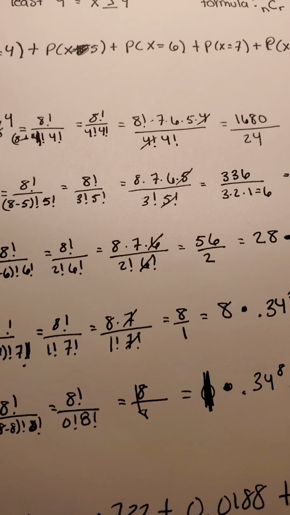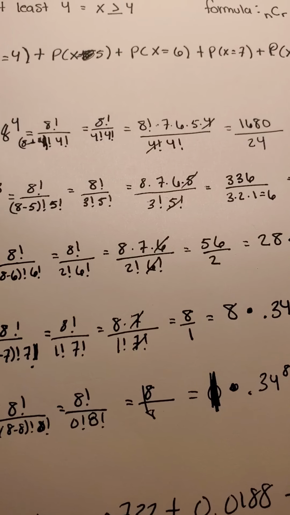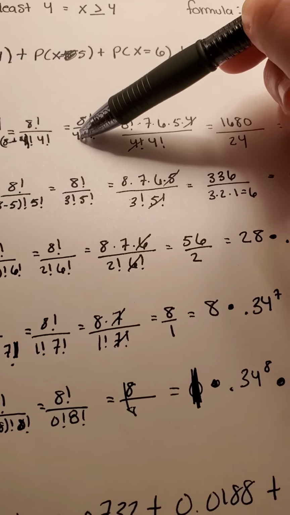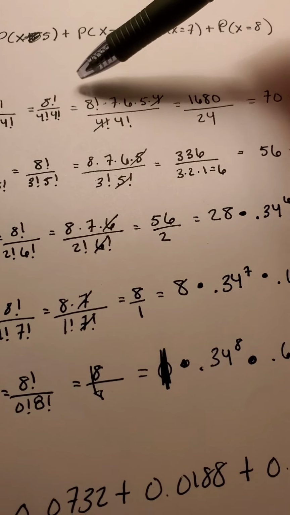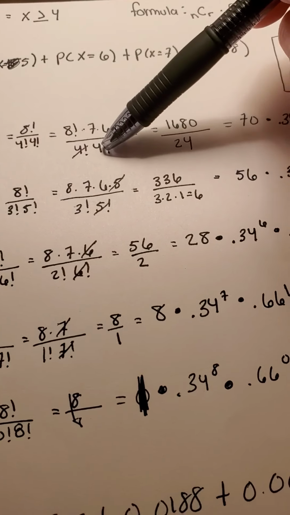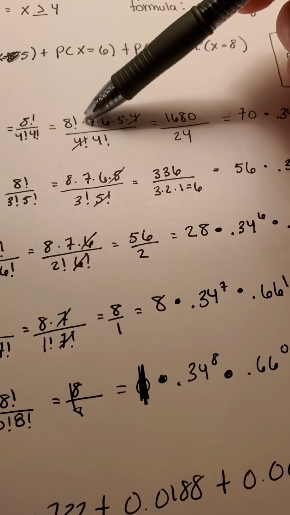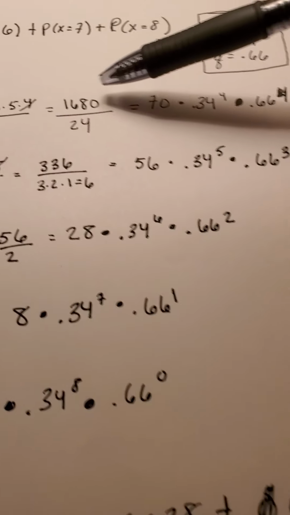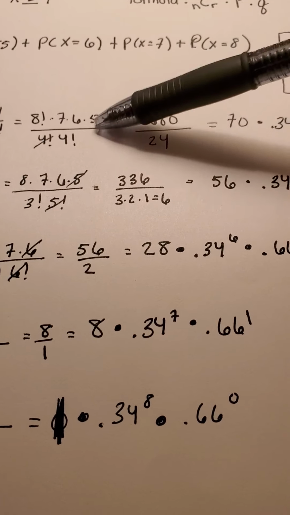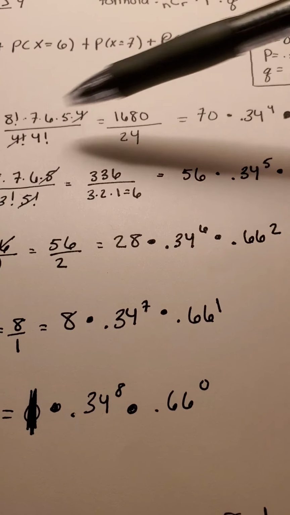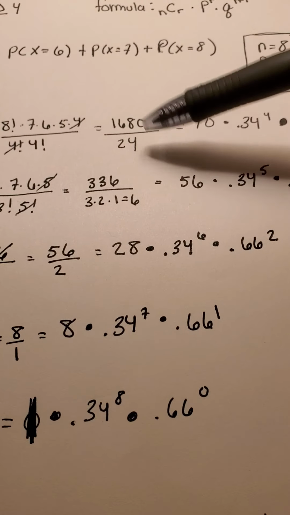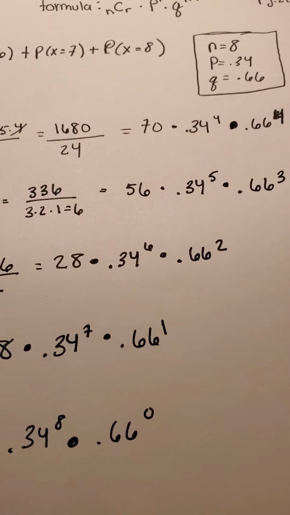For the combination of 4, we're going to use the same formula for combinations, where we get the 8 factorial over 4 factorial times 4 factorial. We're going to cancel out one of these 4s, so we're going to do 8 times 7 times 6 times 5 times 4, cross them out, and then you multiply those numbers, except for the 4, you get 1680, and then you do 4 times 3 times 2 times 1, which becomes 24, which equals 70.